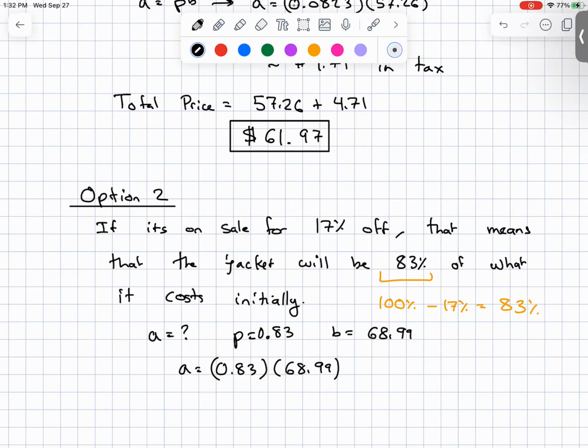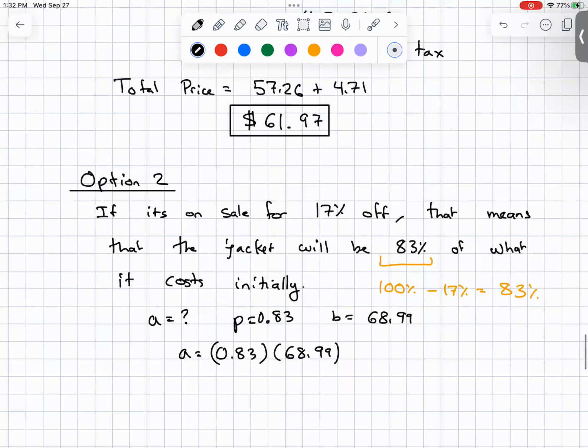And 0.83 times 68.99, lo and behold, it's 57.2617, approximately 57.26. It's the exact same number. Pretty cool.